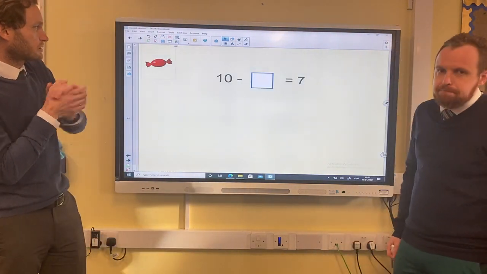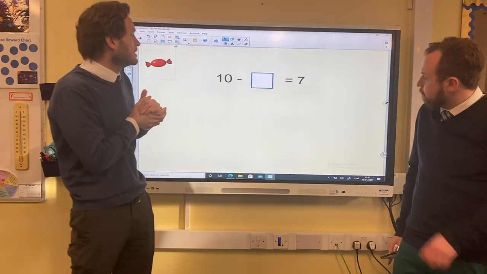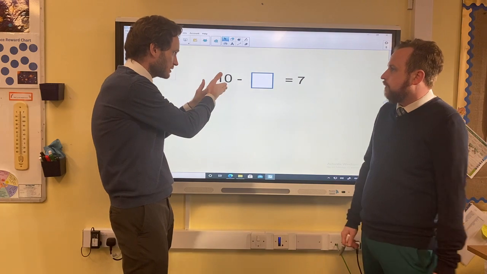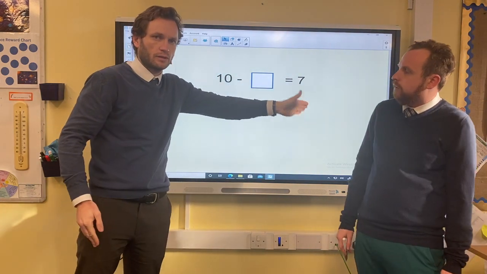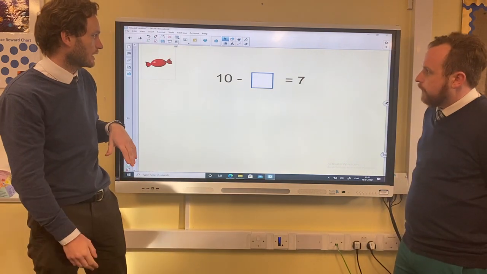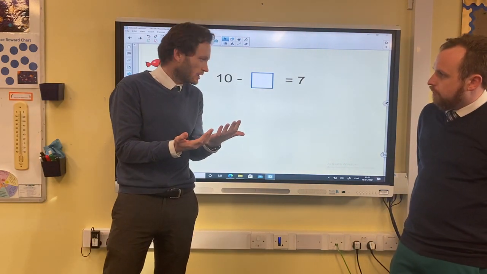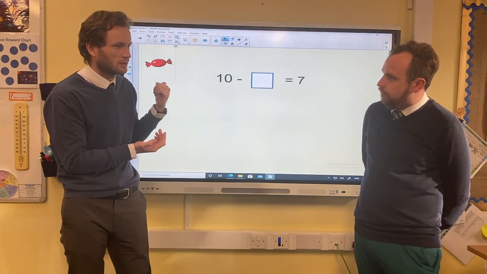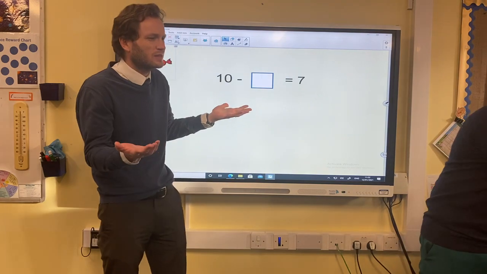Okay. Right, so this one, a subtraction one. So we have 10 sweets, and we take away some sweets until we're left with 7 sweets. I know we've got the sweets up there. Should we just imagine my fingers are sweets? Because it's within 10, why not?